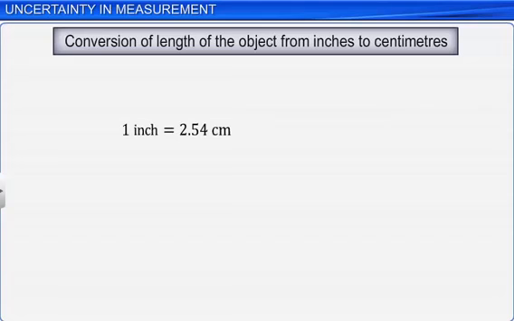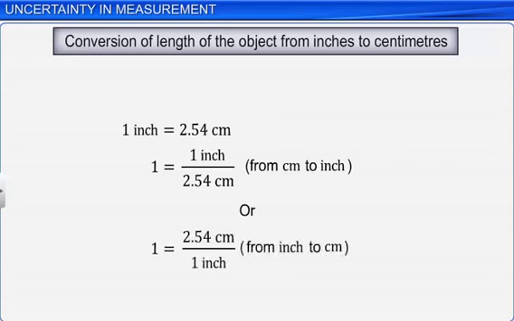We can write the equation as 1 equals 1 inch divided by 2.54 centimeters, or 1 equals 2.54 centimeters divided by 1 inch. The quantities 1 inch divided by 2.54 centimeters and 2.54 centimeters divided by 1 inch are known as unit conversion factors because they convert a quantity expressed in one unit to a quantity expressed in another unit.